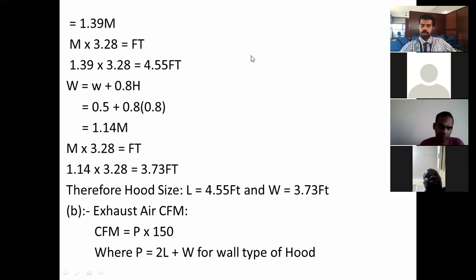And give me your answer on the chat box. Perimeter means this. L means the length of the kitchen hood, okay? W means the width of the kitchen hood. So W is already given.